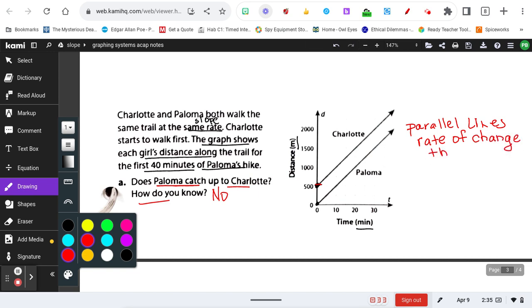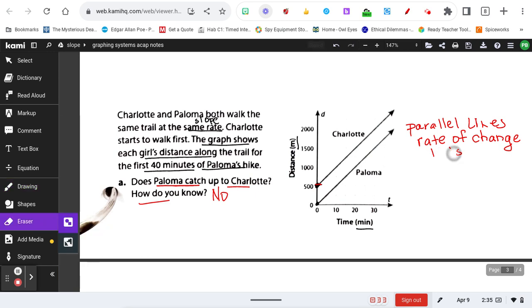In order for it to be parallel but not the same line, the rate of change will indicate that they are. Let me erase that. I didn't mean to put this. I meant to put they. They walk, or you can use the word hike, I don't care.